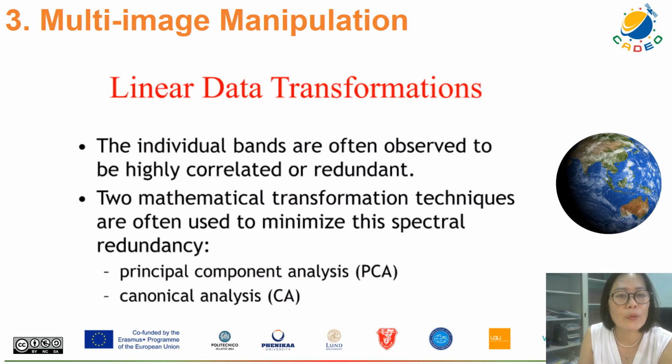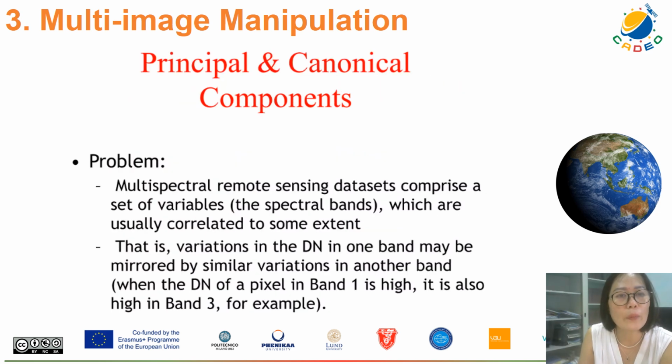Therefore, the individual bands are often observed to be highly correlated or redundant. Mathematical transformation techniques are often used to minimize these spectral redundancies: principal component analysis, PCA, or canonical analysis, CA. The reason why we should apply principal and canonical component analysis is because multispectral remote sensing datasets comprise a set of variables, the spectral bands, which are usually correlated to some extent.